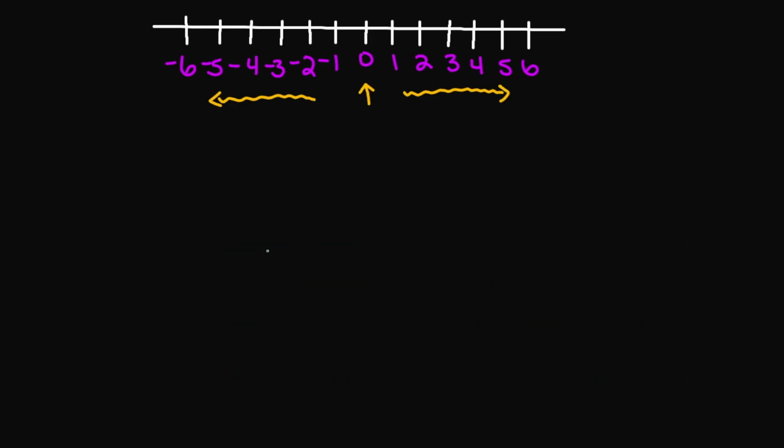So let's say we were comparing our positive and negative numbers. For example, if we have -4 and -8, if you were to compare these two numbers, which number is greater? Think about -4 and -8 and think about the number line.